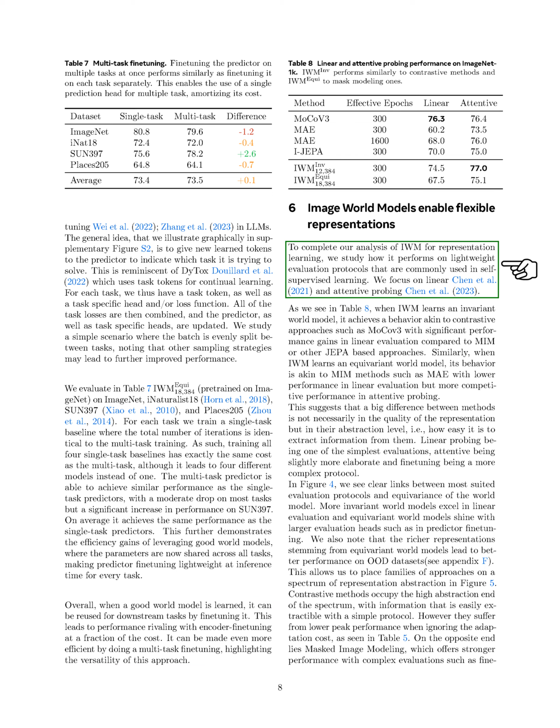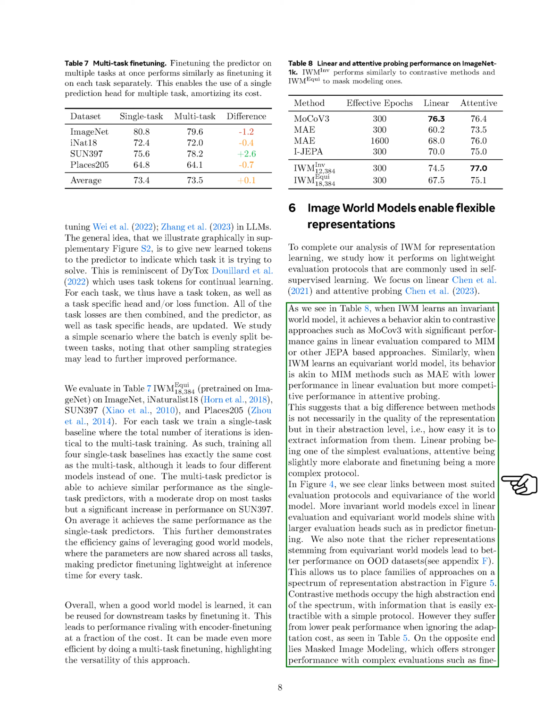To round off our analysis of image world models, IWM, in representation learning, we examine their performance in lightweight evaluation protocols commonly used in self-supervised learning, focusing on linear and attentive probing.